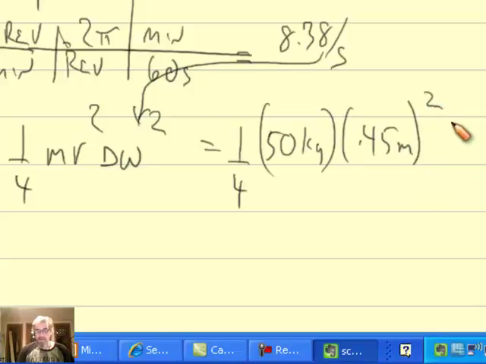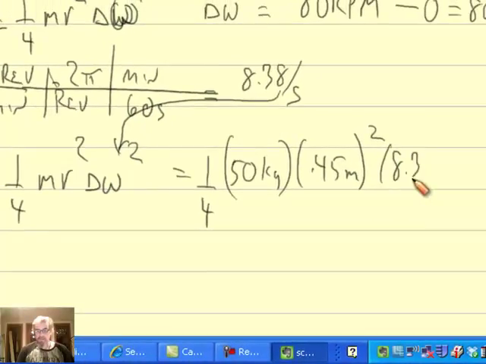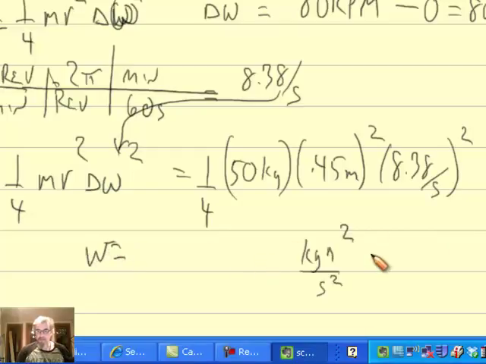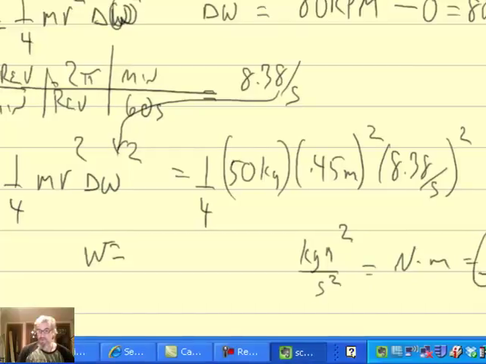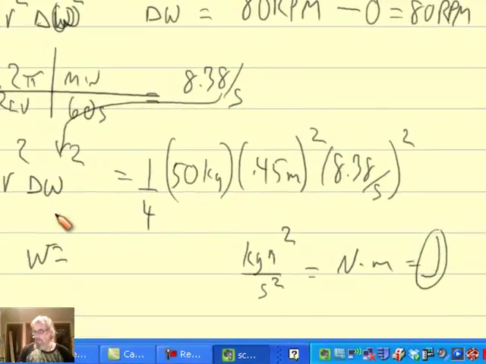That's going to be squared, times 8.38 per second, and that's going to be squared. Let's make sure we get units of work here. Well, kilogram meters per second squared is newtons, so this is the equivalent of newton meters, or joules. So we do have work units. Now let's quantify it, find the actual answer. Numerically, it's 178 newton meters.